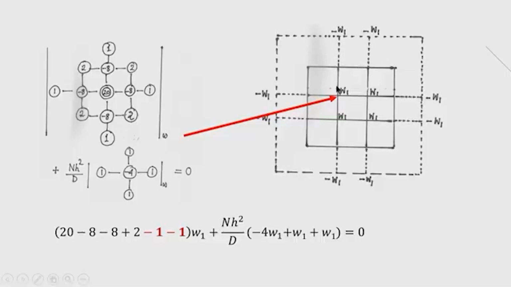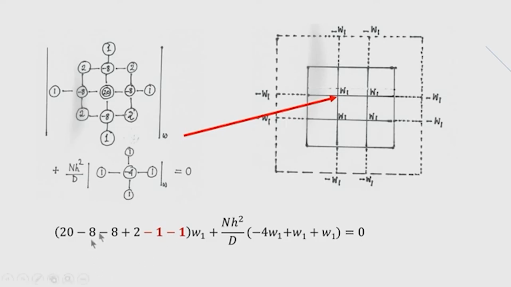So, one imaginary point we get here. If I place this stencil here, then this -W1 will be here corresponding to this W1. Then another imaginary point we get here. So, -W1. So, -1 is there. Therefore, I have indicated in the red color these two imaginary point deflections, expressed in terms of the deflection of the corresponding point by using the bending moment 0 condition at the simply supported edges.